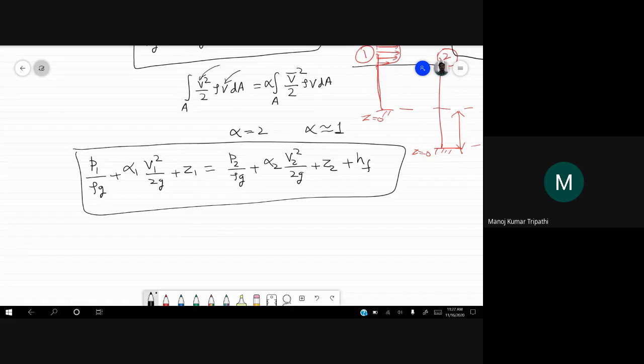So this is the equation for a pipe where V1 and V2 are average velocities. Okay, is there any question? Okay, I hope this is clear.